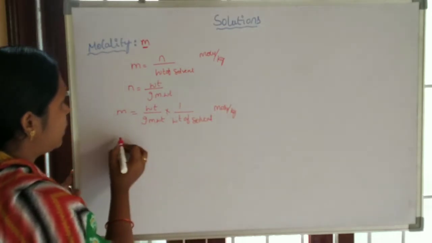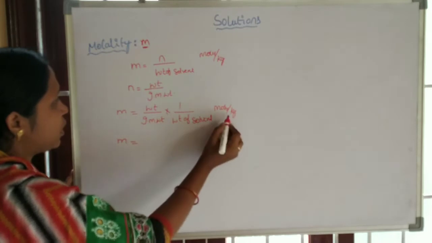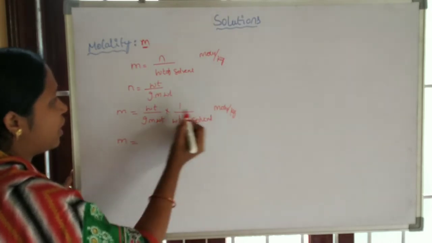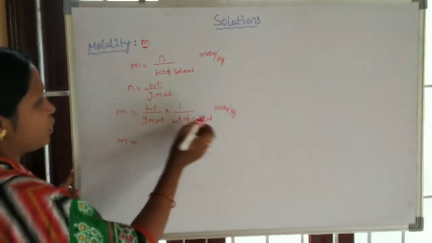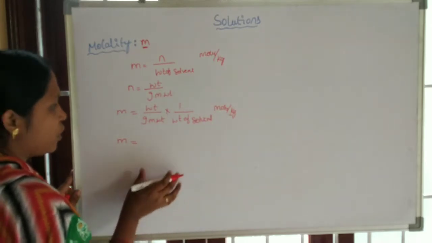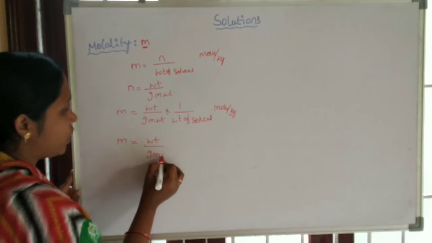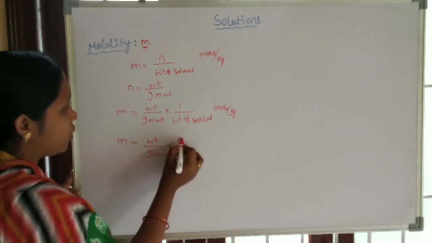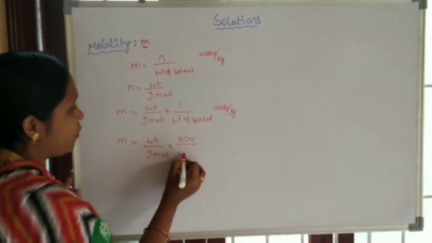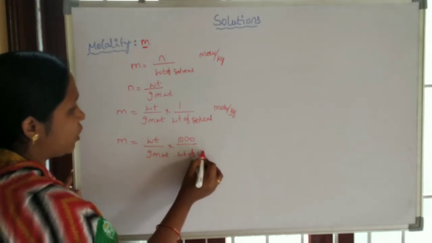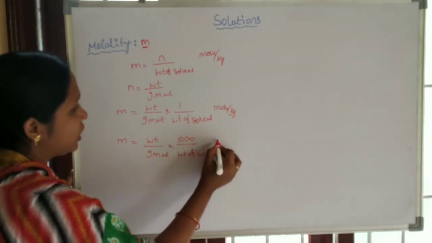If you take 1000 grams, you want to calculate the number of moles of solute in 1000 grams of solvent, so it is weight by gram molecular weight into 1000 by weight of solvent in grams.